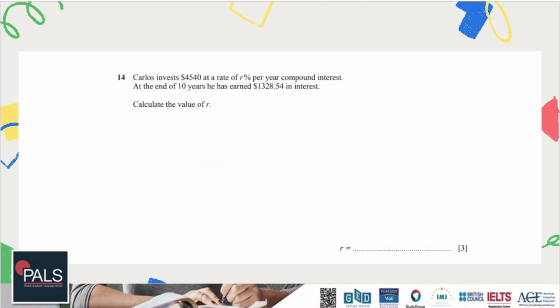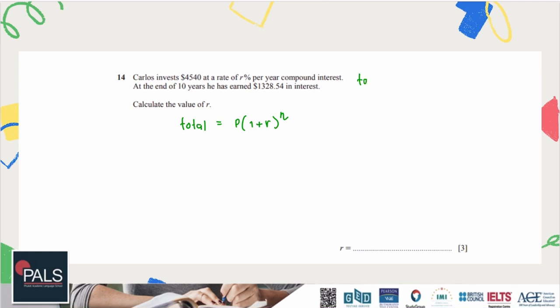Number 14. Charles invests 4,540 at the rate of R% per year compound interest. At the end of 10 years, he has earned 1,328.54 in interest. Calculate the value of R. So this is compound interest. The formula of compound interest is the total equals P(1 plus R) to the power n.